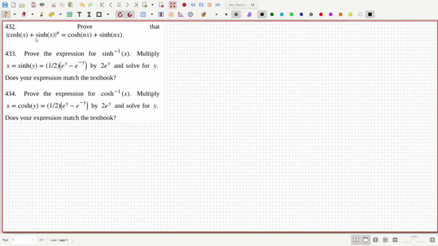So I'll just say cosh x plus sinh x to the n, which I'll just simplify a little bit as cosh plus sinh to the n.